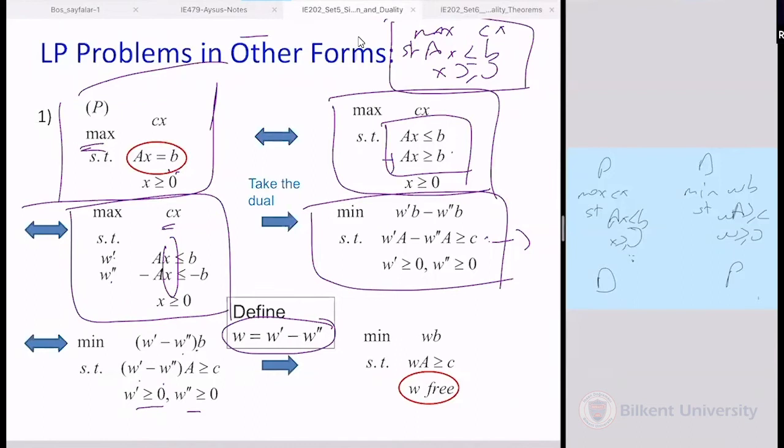Apparently, then, this is the dual. So what we have shown is that for equality, the corresponding multiplier, the dual variable, will be free. We have just proved that for equality type constraints, the associated variables should be free. Any question in this proof?